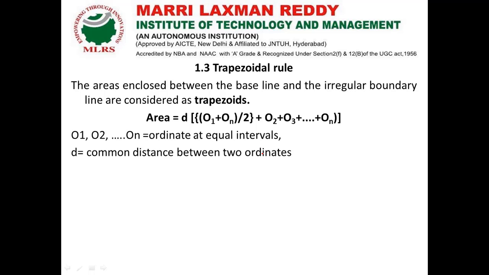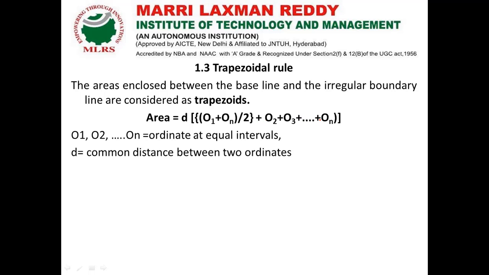And third one, trapezoidal rule. So here the areas enclosed between the baseline and the irregular boundary are considered as trapezoids, and the formula used for the trapezoidal rule is area equal to common distance d into first ordinate plus last ordinate divided by 2 plus remaining ordinates.